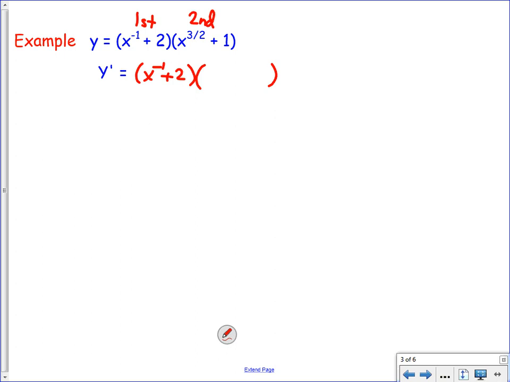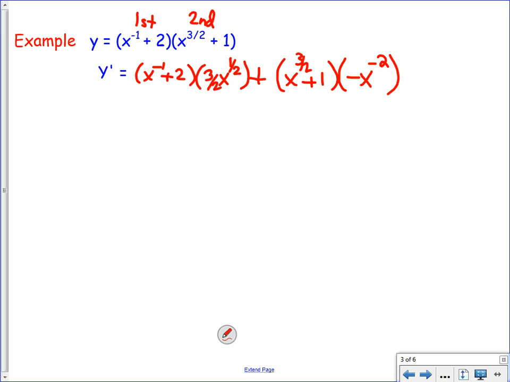So x to the 3/2, using the power rule, that becomes 3/2 x to the 1/2 power, plus 0, because the derivative of 1 is 0. All right, so I didn't need that much space. Okay, plus the second function times the derivative of the first function. So again, using our power rule, we would get negative x to the negative 2 plus 0.